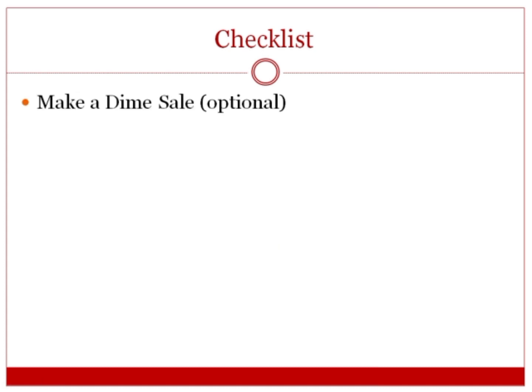If you do want to make a dime sale, and of course if you don't, you can always fast forward to the next slide. But if you want to make a dime sale, which basically means that you start out at a lower price and then every time somebody buys, it increases a certain amount until it hits a maximum price. So you're going to need to know the starting price.